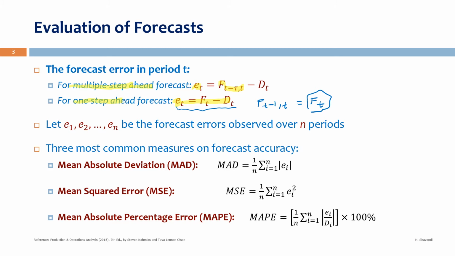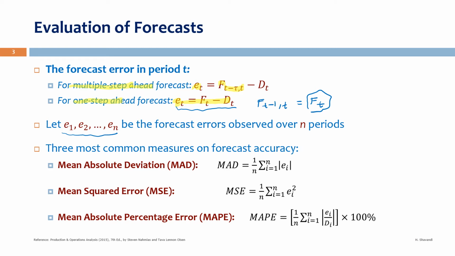Okay, so if we have n periods, and for n periods we have the forecasted value and also the actual value, the observed value, then we will have E1, E2 up to En. We will have n error terms, right?